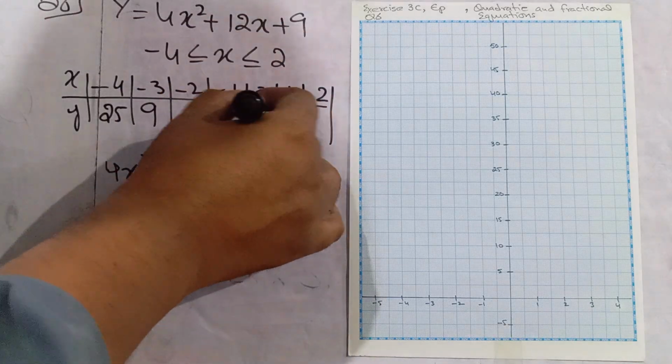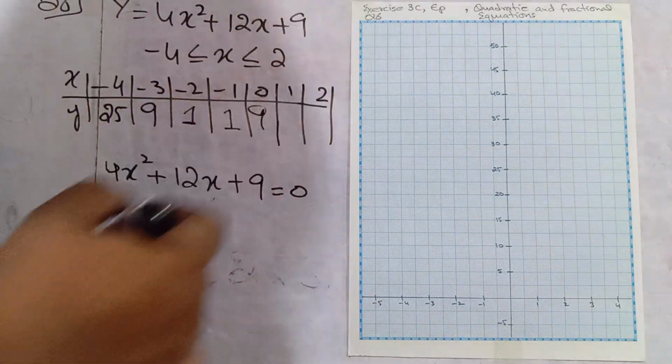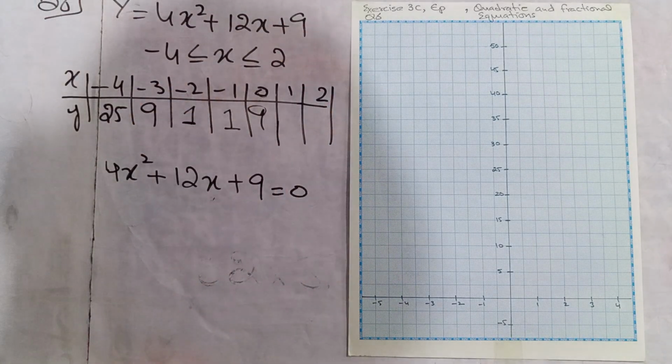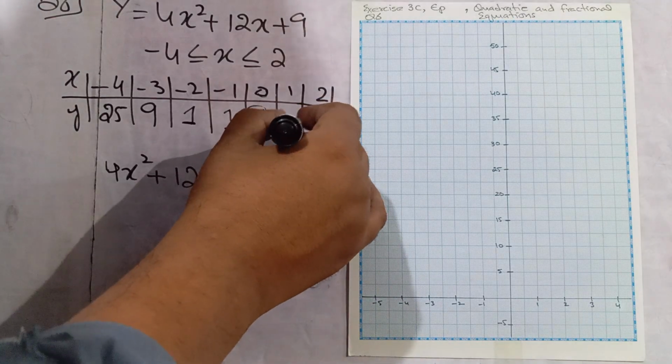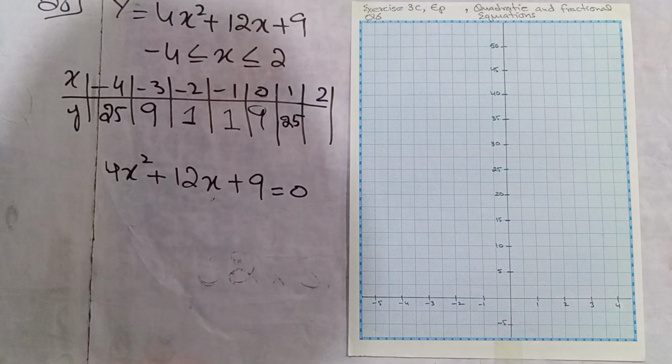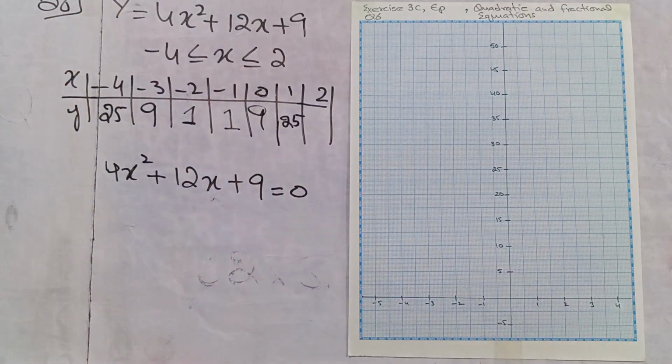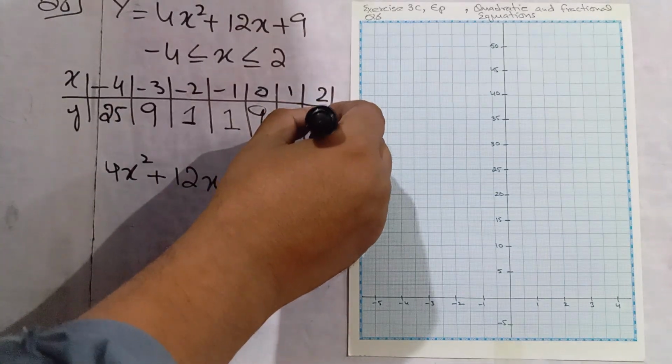When I put 0, this will be 9, and when I put 1, 4 plus 12 plus 9 will be 25. And when you enter 2, 4 multiply 2 square plus 12 multiply 2 plus 9 equals 49. This is 49.